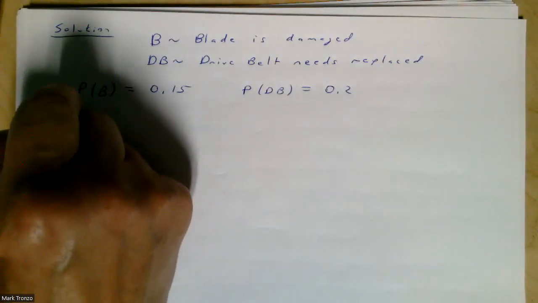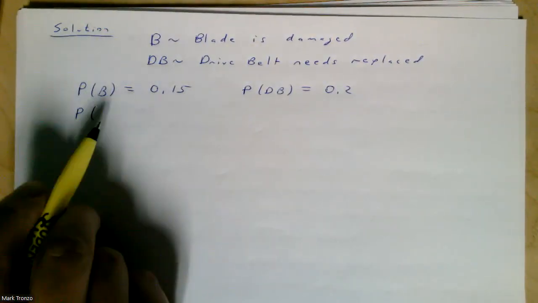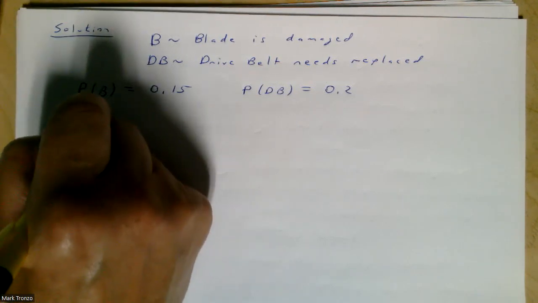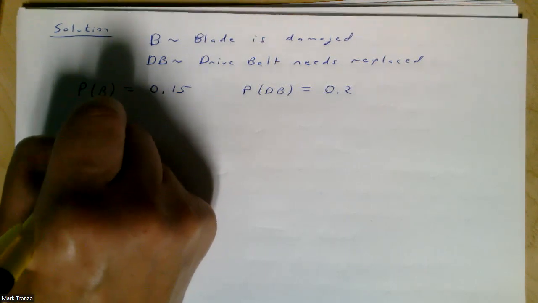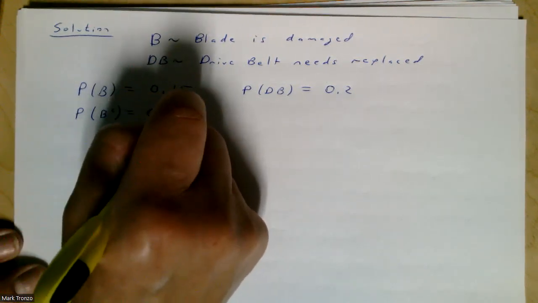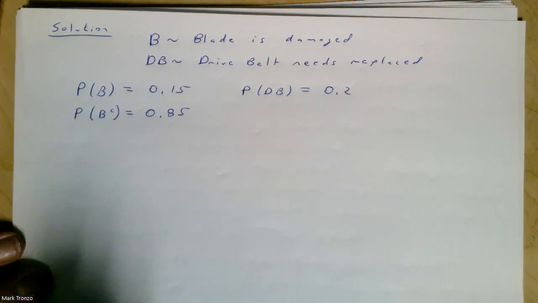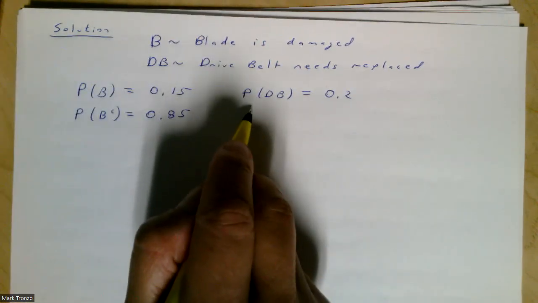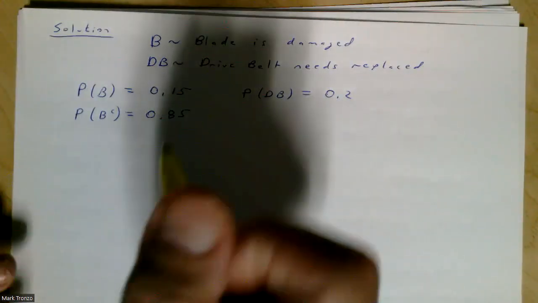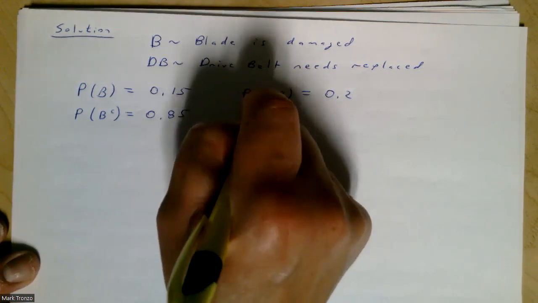So the probability that the blade is not damaged, which is B complement, is 0.85. And the probability the drive belt needs replaced, if this is 0.2, then that's got to be 0.8.